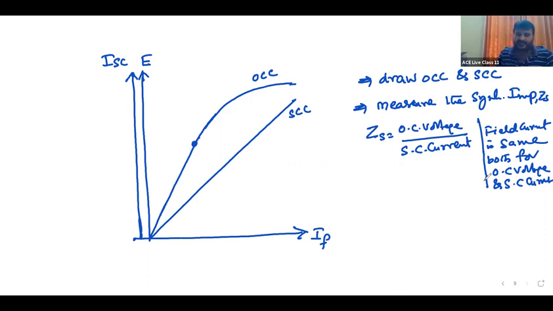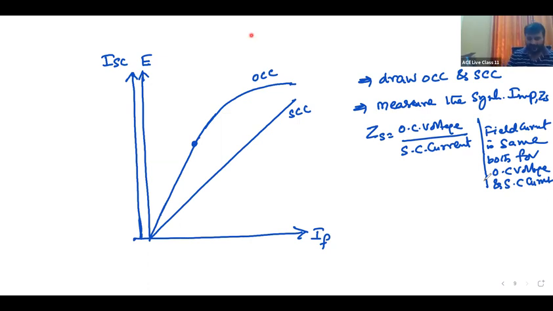Field current must be the same. Based on this, open circuit voltage by short circuit current, we have drawn on the same graph.